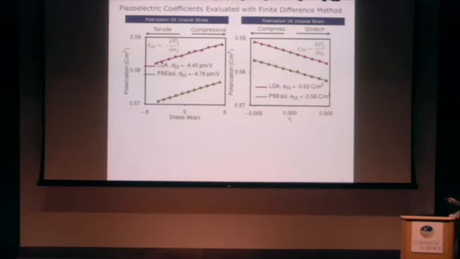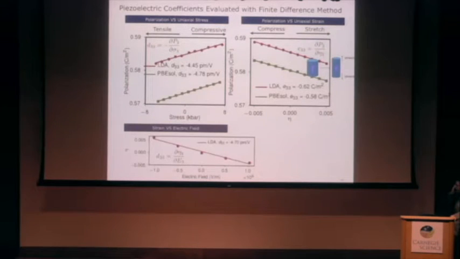When we apply a compressive strain with negative strain values, the polarization becomes larger. So it is indeed consistent with the idea of a negative longitudinal piezoelectric response, as I showed earlier.